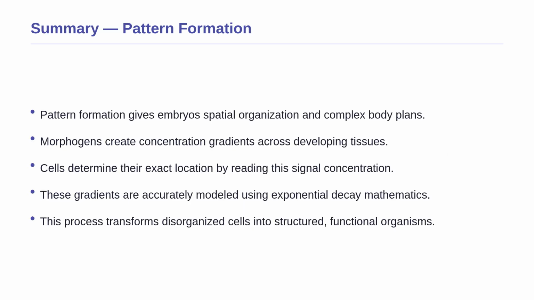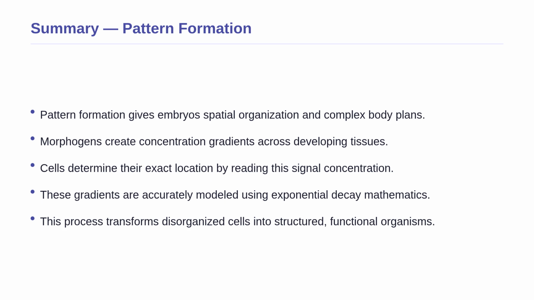We have covered a lot of ground today, so let us review the key takeaways. Pattern formation is the essential biological process that gives a developing embryo its spatial organization and complex body plan. We learned that this is driven by morphogens, which create concentration gradients across tissues.